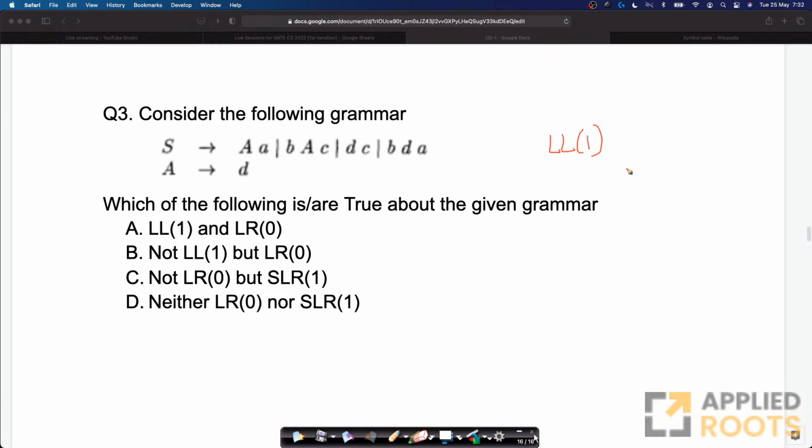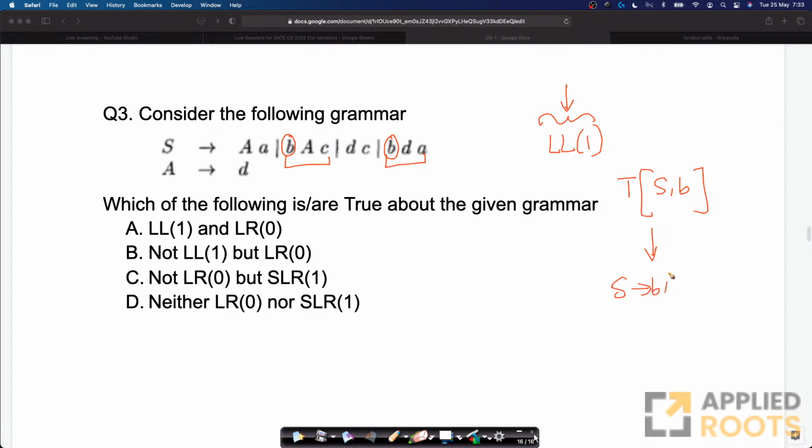When you construct the parse table, look at the table entry for S comma b. If you remember the rules of LL1, what is the first of this? The first of this will contain b. So there is a production rule whose first will contain b. The first of this production rule also will contain b. If you think about how you construct the LL1 parse table, in the table entry for S comma b, you will have to place two production rules.